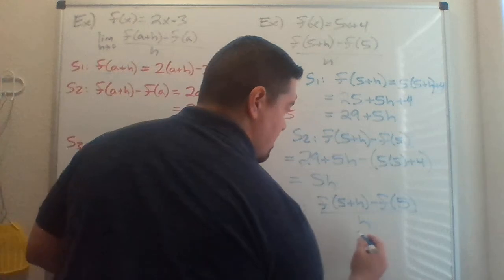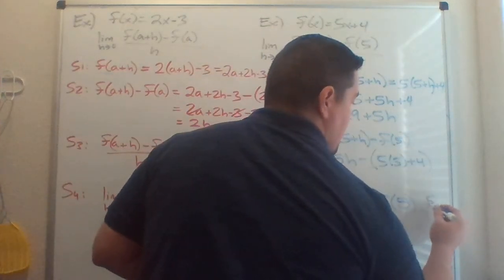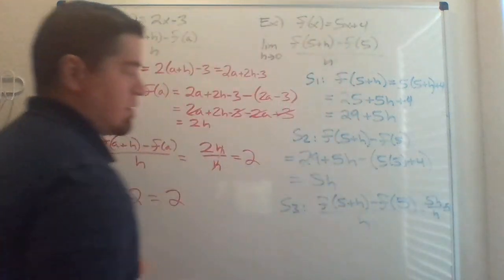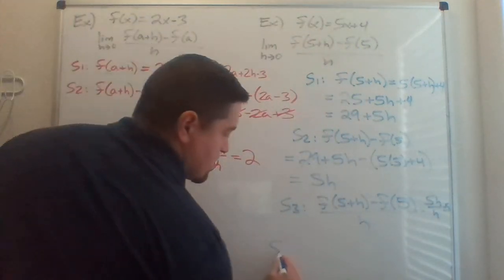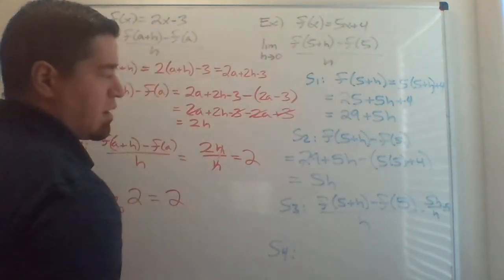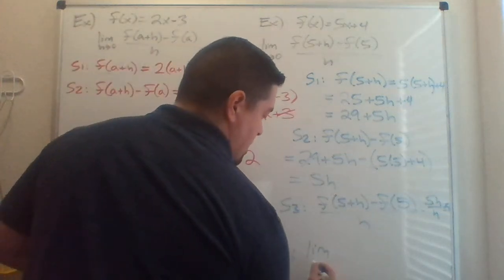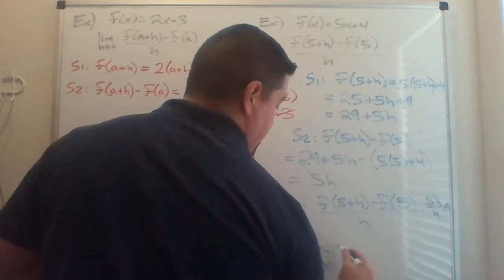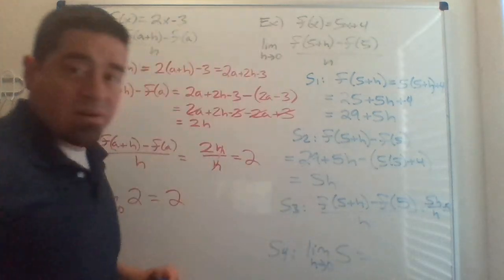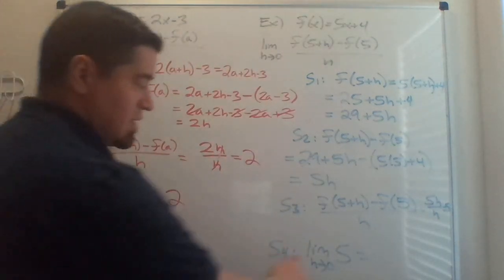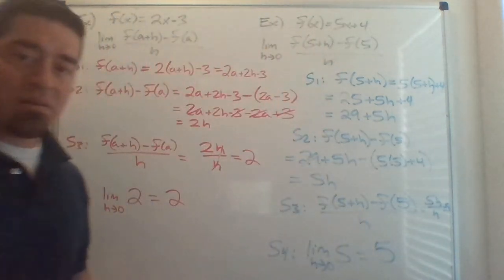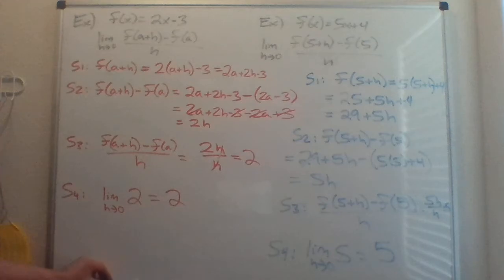So basically, it's just 5h over h, which is 5. Okay, again, step 4, find the limit as h approaches 0 of 5. Well, from one of our properties we talked about in class, the limit as h approaches 0 of a constant is just the constant itself. Okay, and that answers those two.